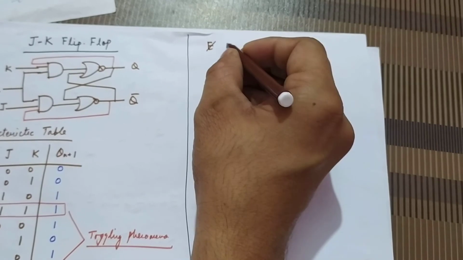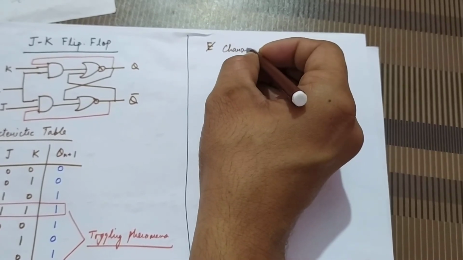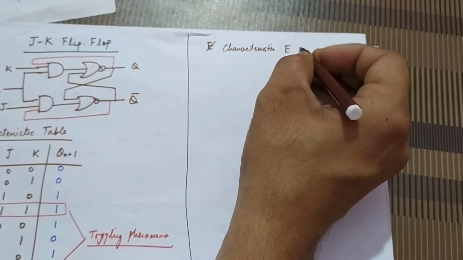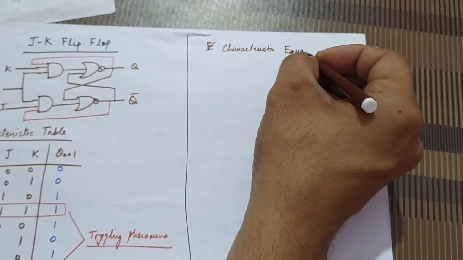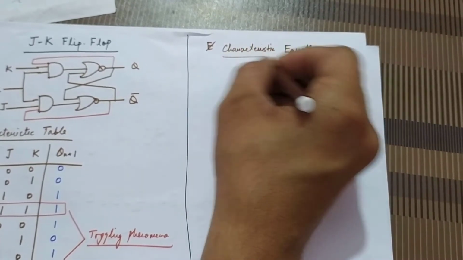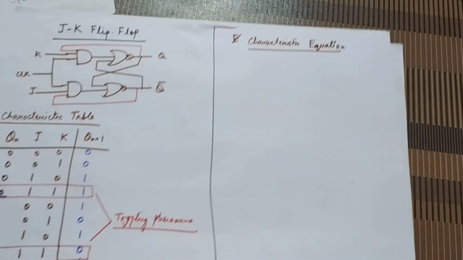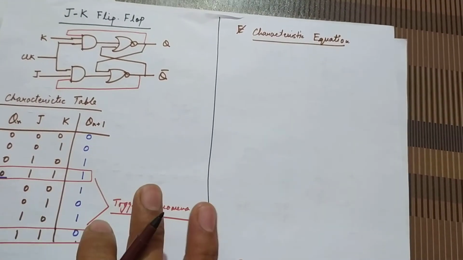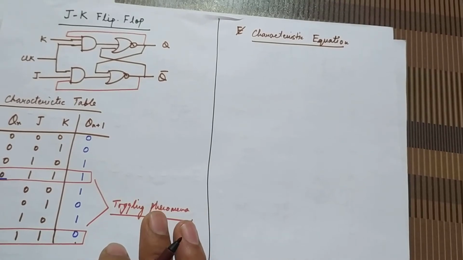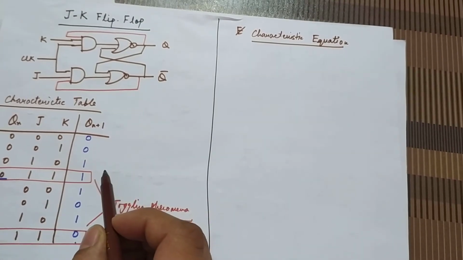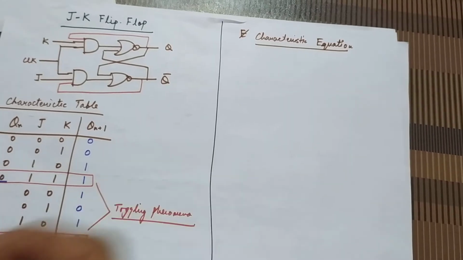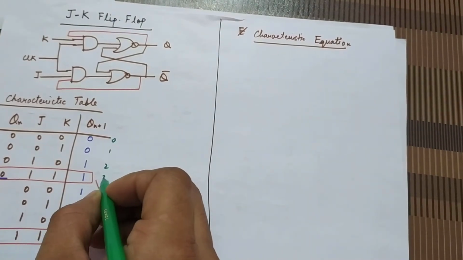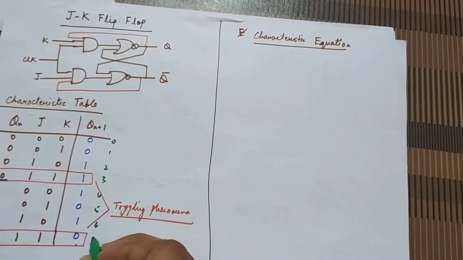In the characteristic equation we will be dealing with the characteristic table, and we will be seeing at what places we have the values. For example, here we give the numbers 0, 1, 2, 3, 4, 5, 6 and 7.